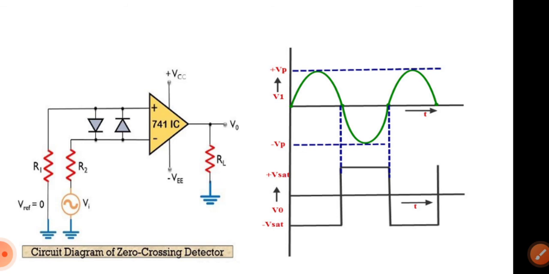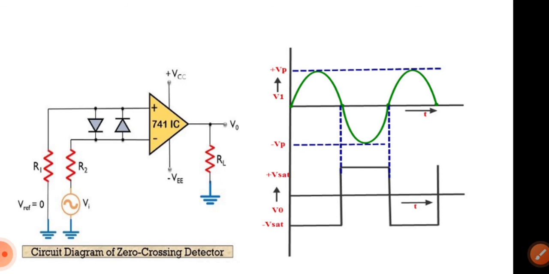Therefore, V0 may not switch quickly from one saturation voltage to the other. Switching from positive saturation to negative saturation and vice versa takes too much time because Vin takes so long to cross the 0 volt.